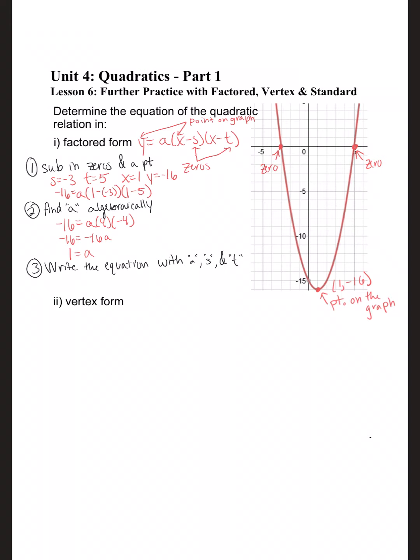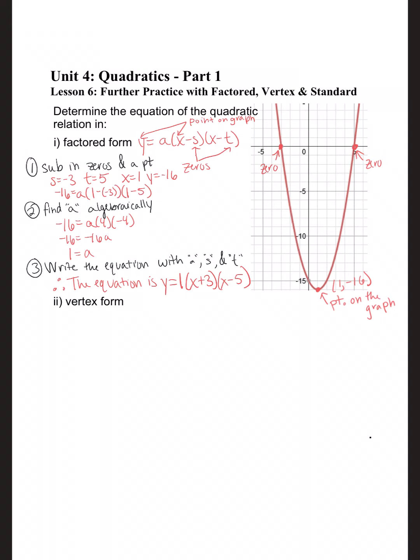So we can say, therefore, the equation is y equals, and we'll stick the 1 in there just to show it, but remember whenever we have a as 1 we don't need to, and then we're going to sub in our s, which is -3, so minus -3 is really going to be +3, and then x minus my other zero, which is 5.